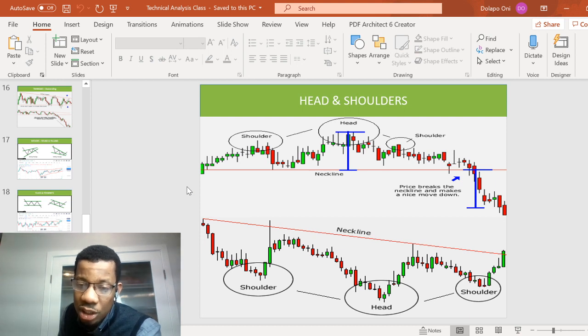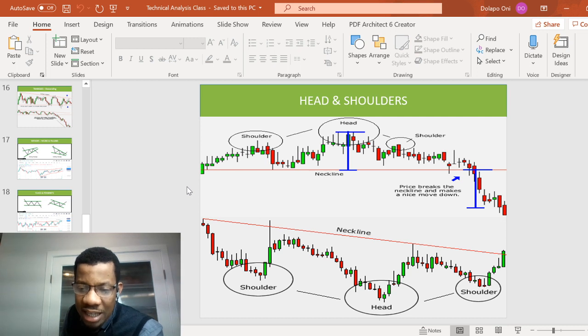Head and shoulders is when you have a very defined low point or high point, which is the head, and then you have two low points or high points on alternate sides of that head, which are called the shoulders. That is usually a sign of a reversal.